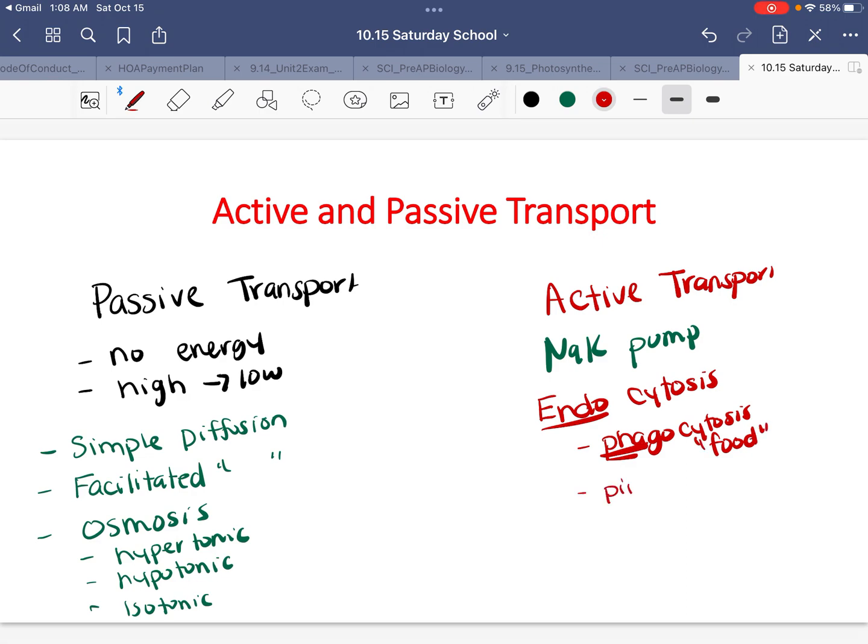Then you had pinocytosis. Pinocytosis is like the cell is drinking. So what moves in is liquid, like extracellular fluid. And the last type, remember, was exocytosis. Exo for exit. This is how the cell uses ATP to take things out.